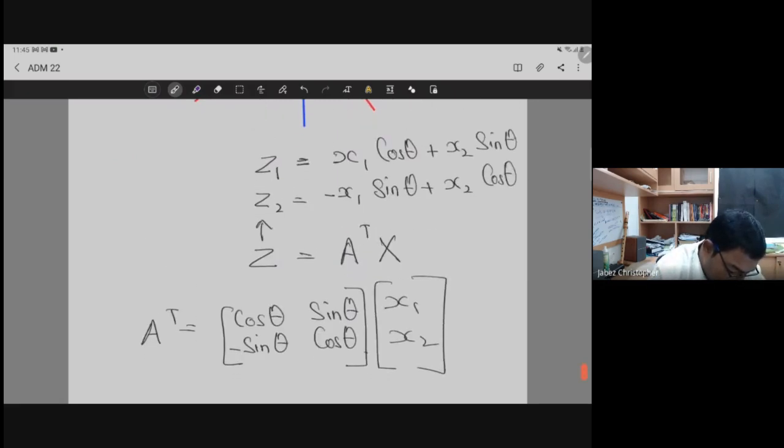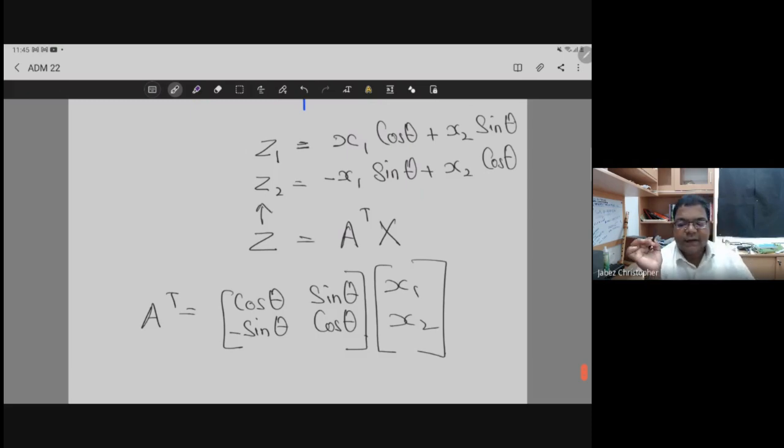Now this is what I have represented in this form. Is this representation clear? How I came up with it, how I transformed x1 and x2 from the xy domain to the z1 and z2 domain?